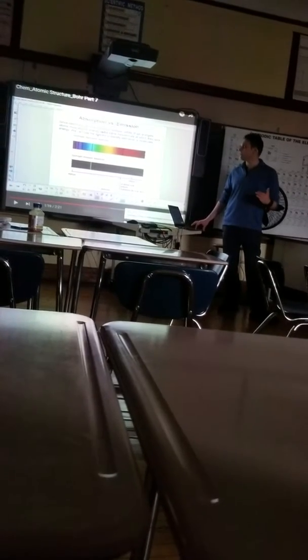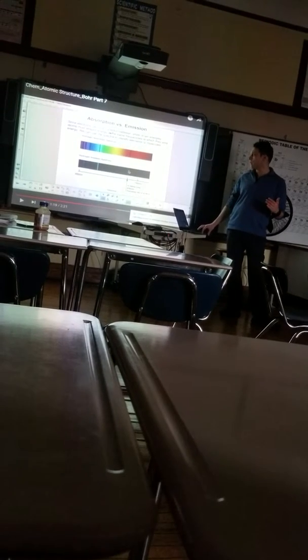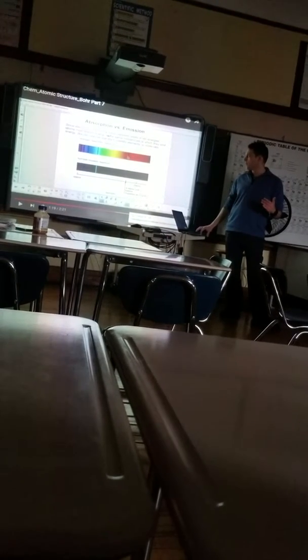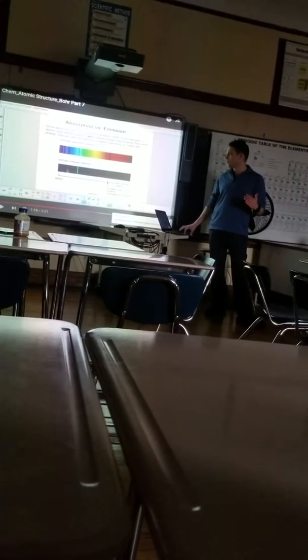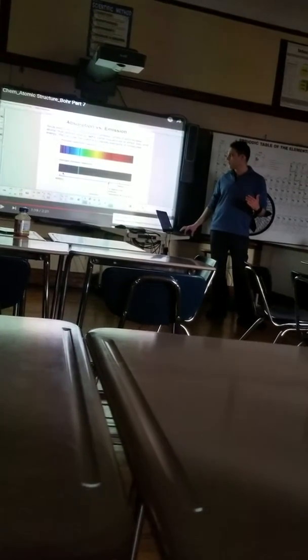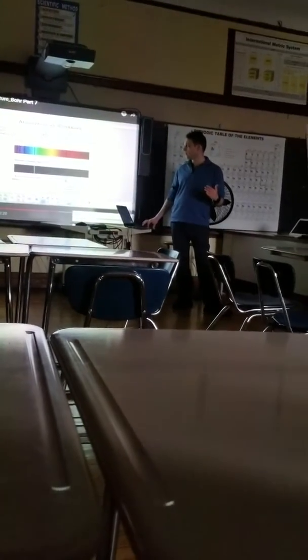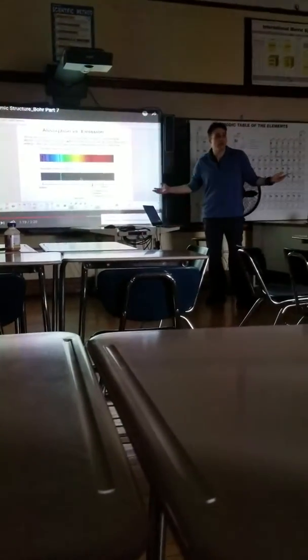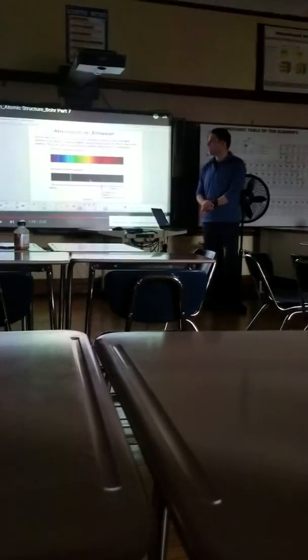And you notice that the absorption and the emission are always opposite. When you get red in emission, you get black in absorption. Turquoise, black. Blue, black. Purple, black. It's that simple. It's just the inverse, the opposite.